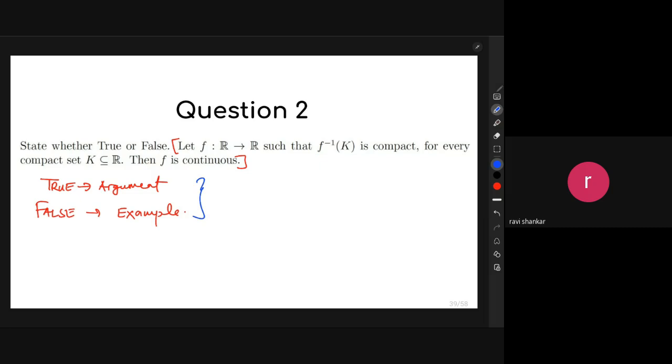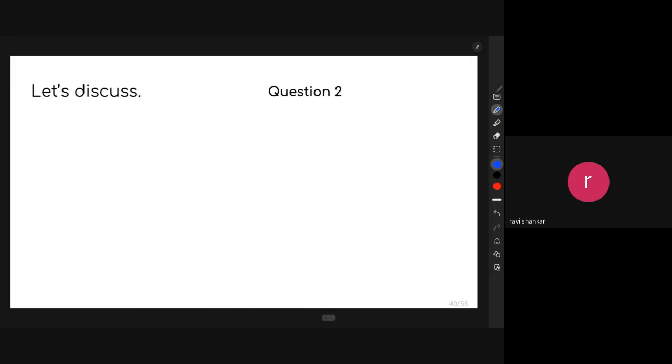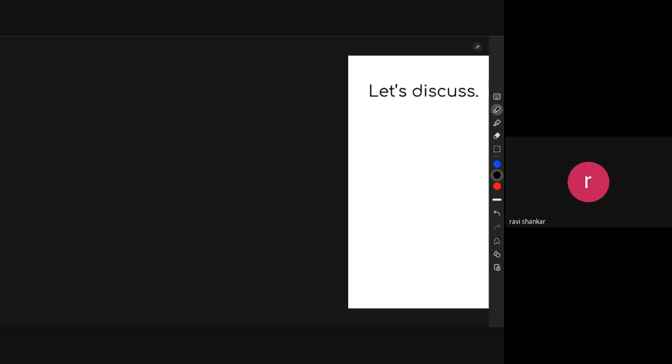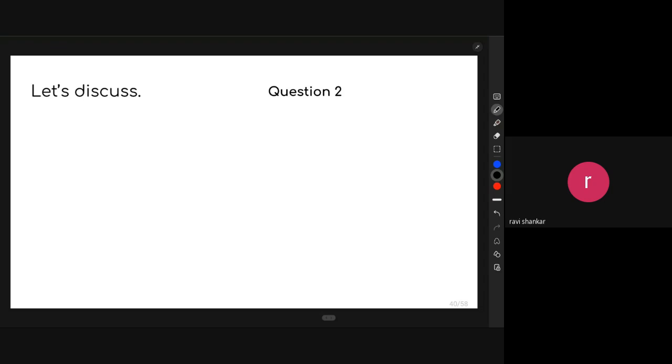Okay, so I will tell you what it is. In the question you are asked to prove that. So first of all, this is false. I will give you an example where the function is assumed to be continuous, but the preimage of a compact set is not compact. There are multiple examples. I will give you one of the examples, and I will discuss all of the examples with you.